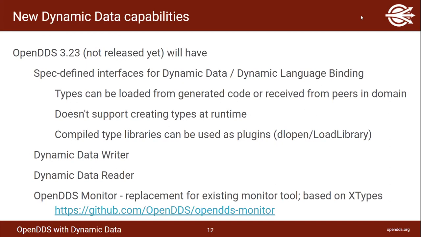Or, if it learns about a type or topic that's being published or listened to remotely, like a remote data reader or remote data writer, it can get the dynamic type for that and then read or write to it. Right now, we don't support creating these types dynamically, at least not yet. It's close though, so we will probably have that soonish, though I can't say when.